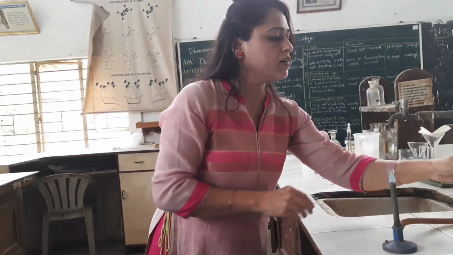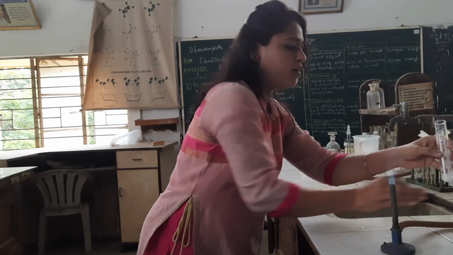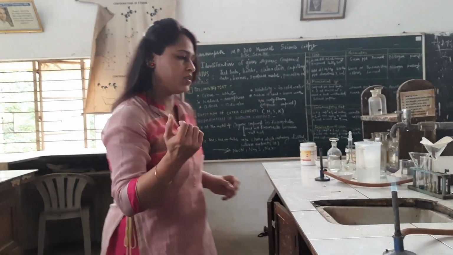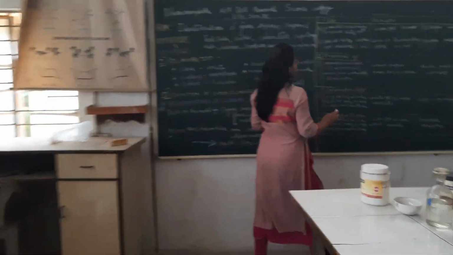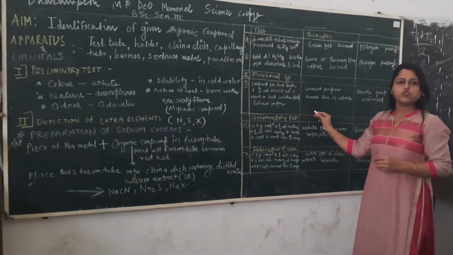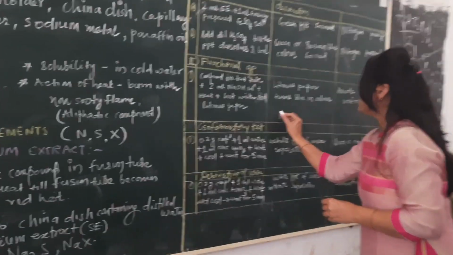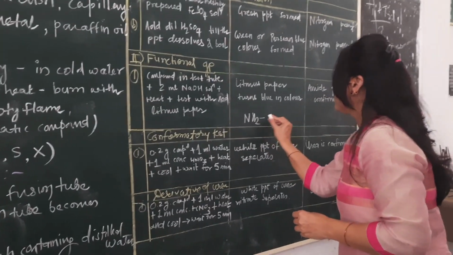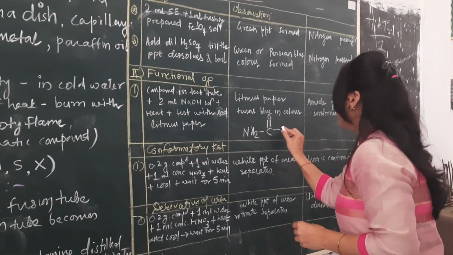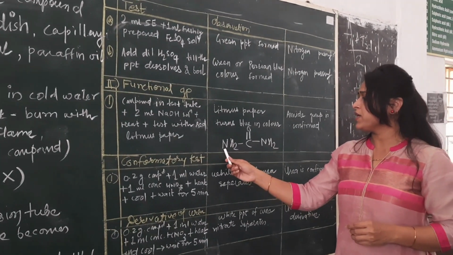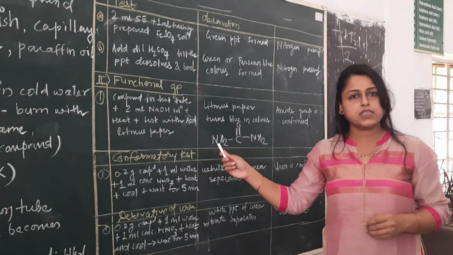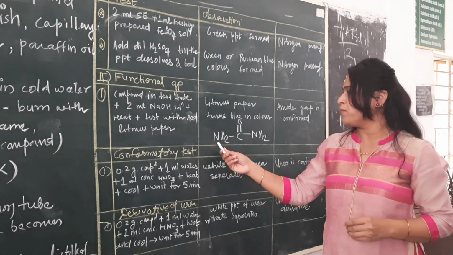I want to show the structure for urea. The structure for urea is, here I am going to draw it, NH2 C double bond O NH2. That's why we get a positive test for nitrogen, since nitrogen is present in this compound.